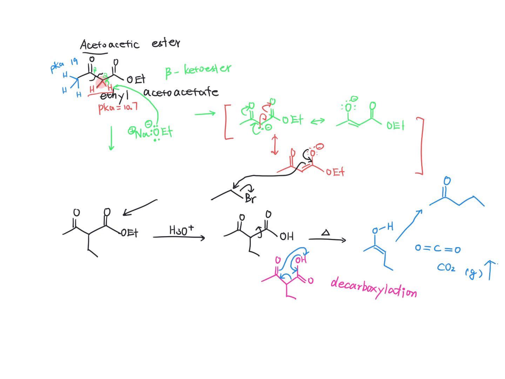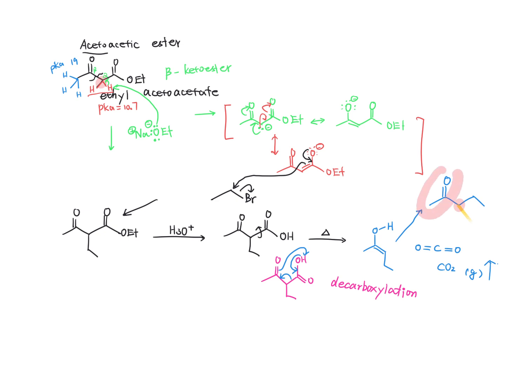So what we are seeing is that from an acetoacetic ester, we can get an alpha position substituted product. This is the alpha position. We are getting an alpha position substituted acetone.